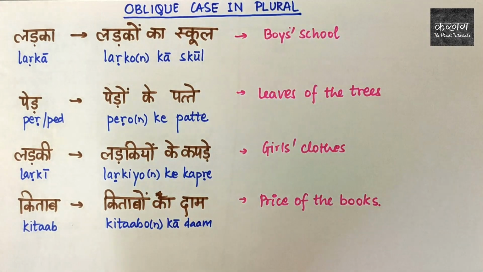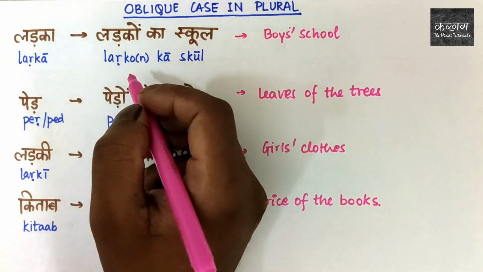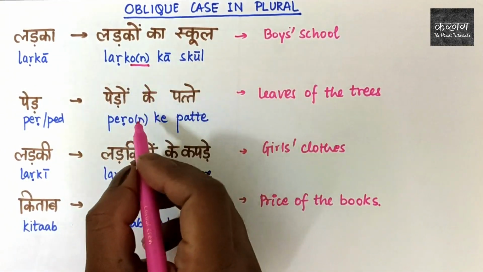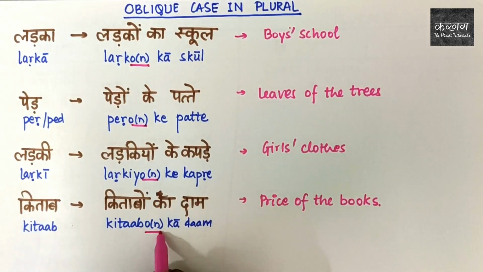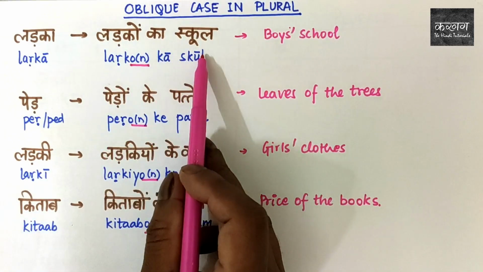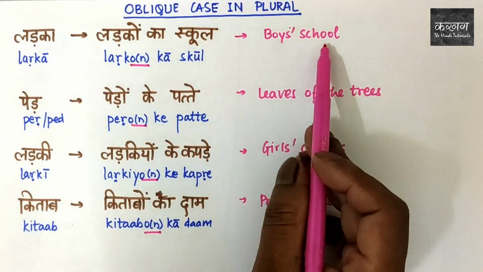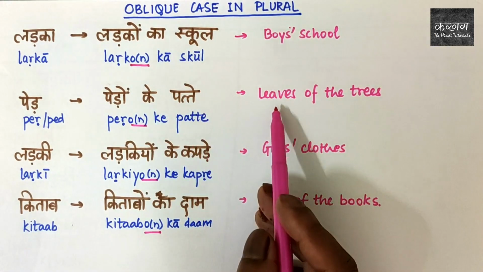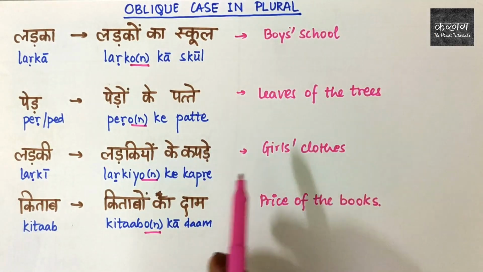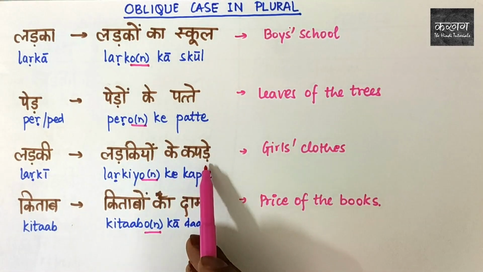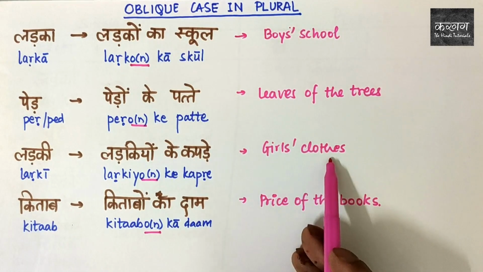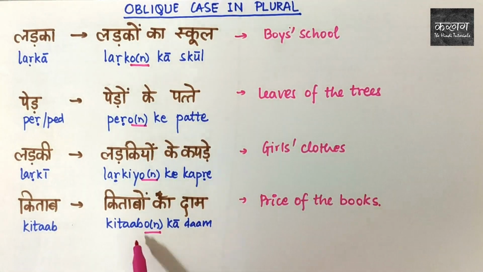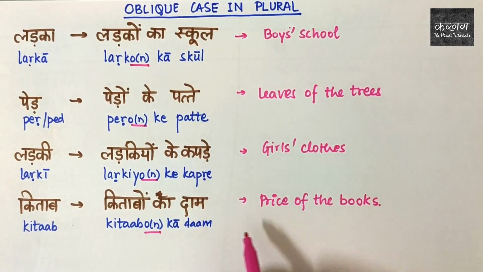That is, the plurals in oblique case end with an o sound, a nasal sound, like ladkon ka school, a boy's school. पेड़ों के पत्ते, the leaves of trees. लड़कियों के कपड़े, girls' clothes. किताबों का दाम, the price of the books.